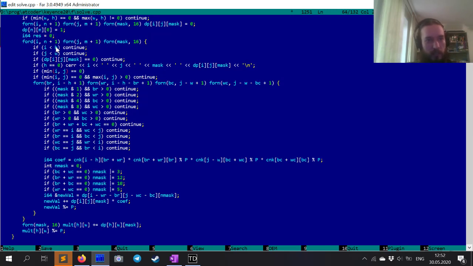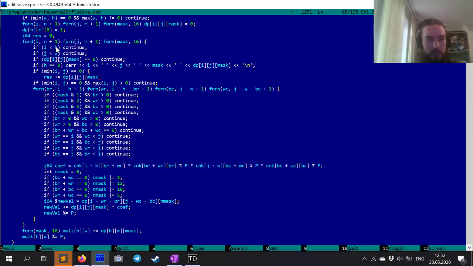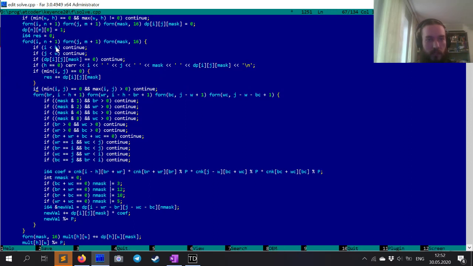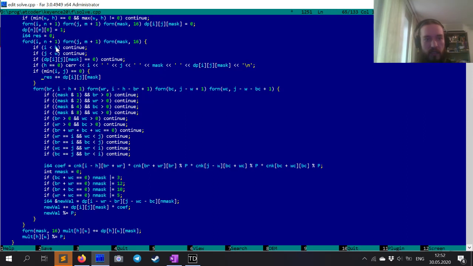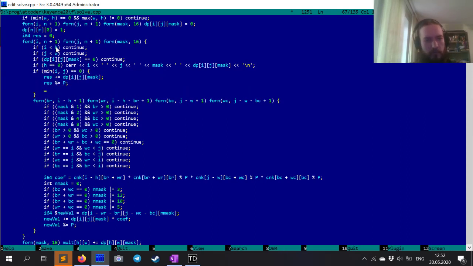Suppose this is the answer. Well, in fact, in this case, we just add something to the answer, take this modulo p, and then just continue, because we have erased everything.